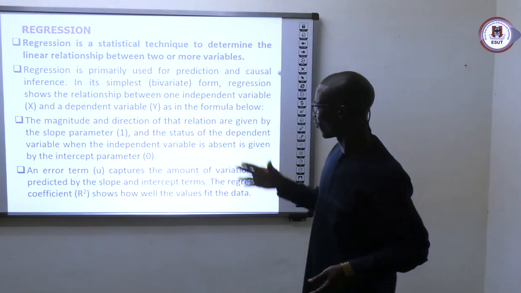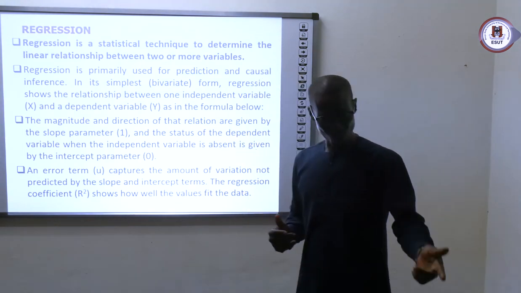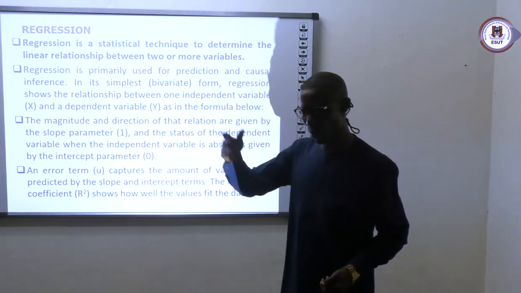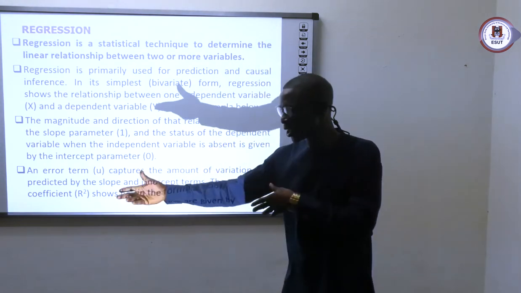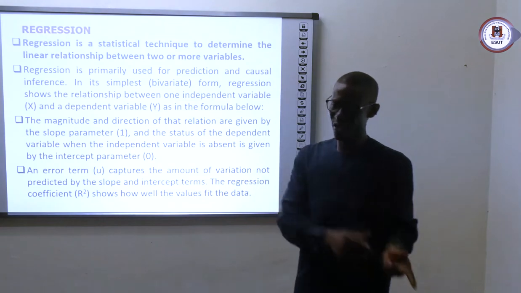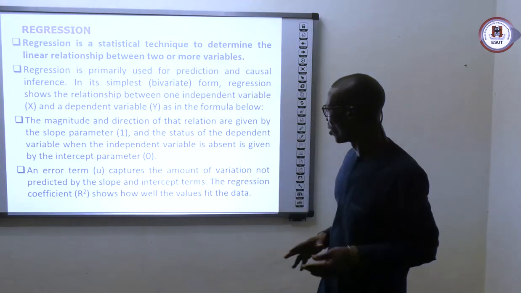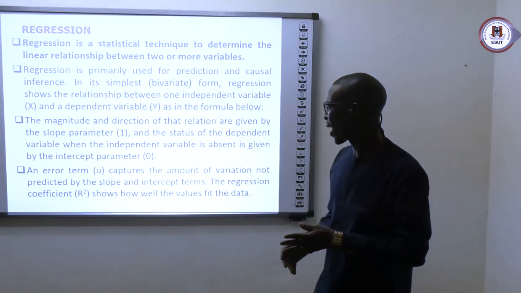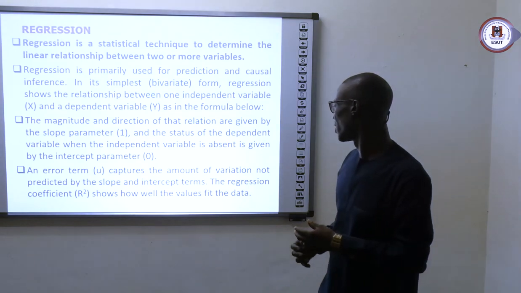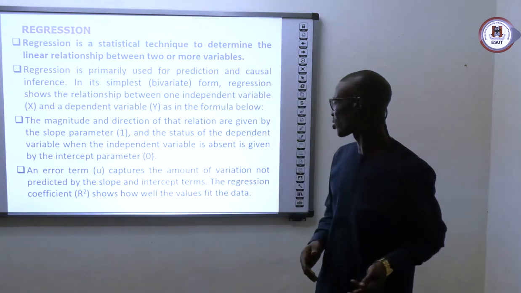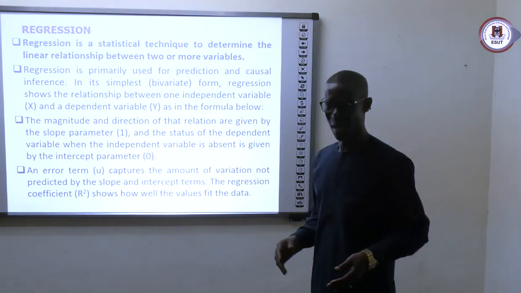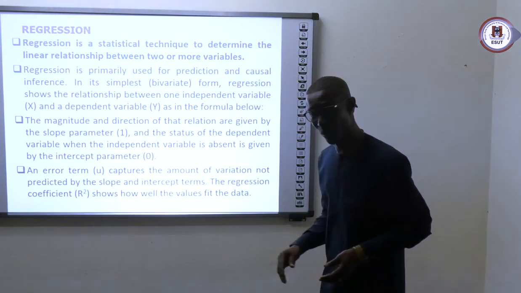For instance, if we say that y is related to x, the question is to what extent could a change in x influence the change in y. So here we look at the variation. That is why we have the coefficient of multiple determination when we are talking of multiple regression, or coefficient of determination when we are talking of simple regression.